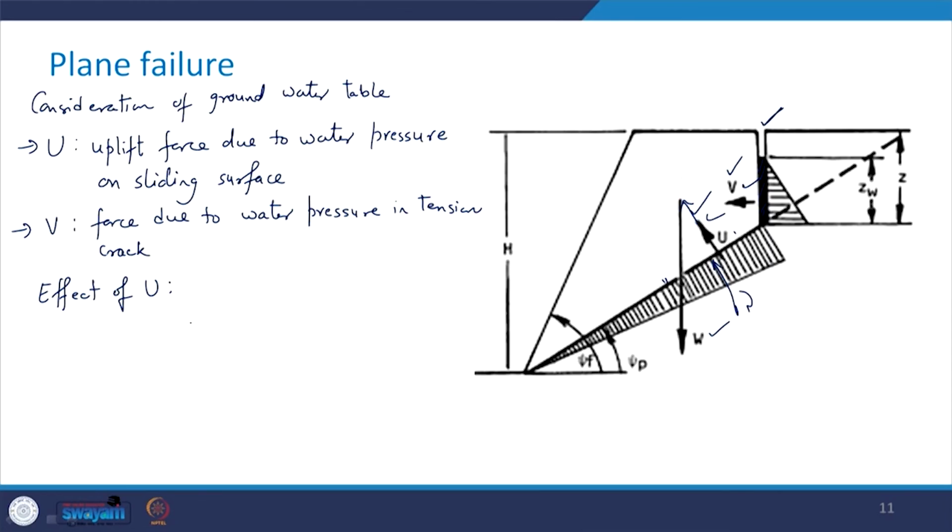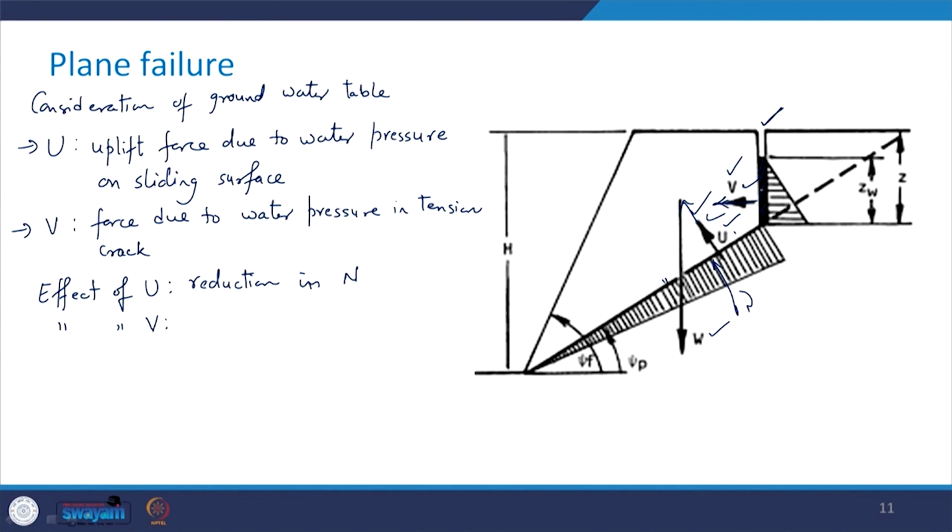So, the effect of this U is that it will result in the reduction in N, and the effect of V is going to be in two directions, because it is acting in the horizontal direction.